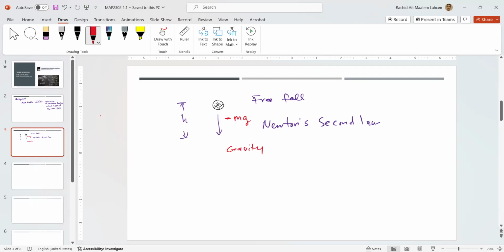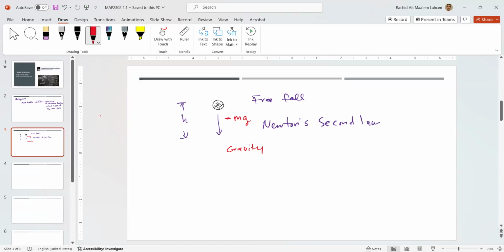We're going to ignore other forces that are not used or are too small to be considered, like resistance due to friction.